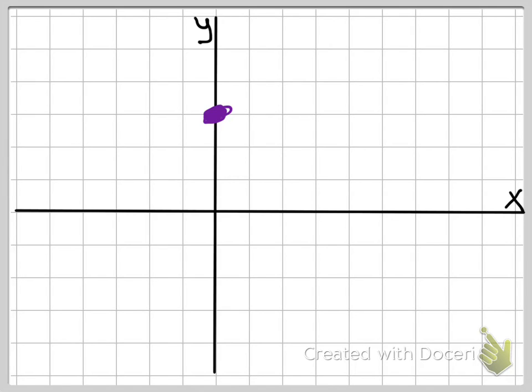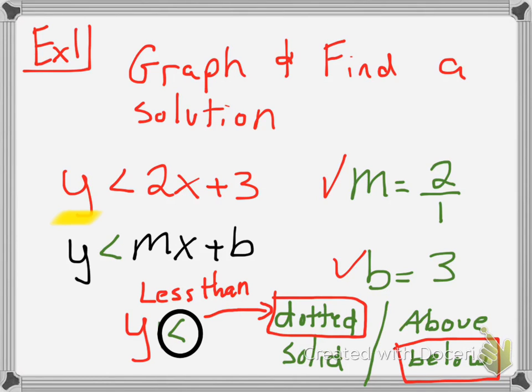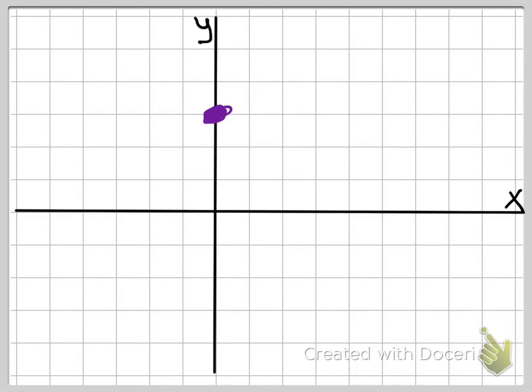From that point, we're going to use our slope, which is 2 over 1, to find another point. From my y-intercept, I'm going to count up 2, and then over 1, run is always to the right. Now I have 2 points.